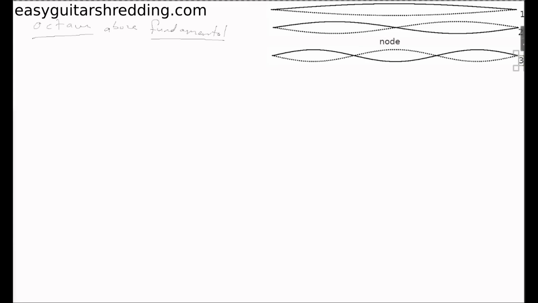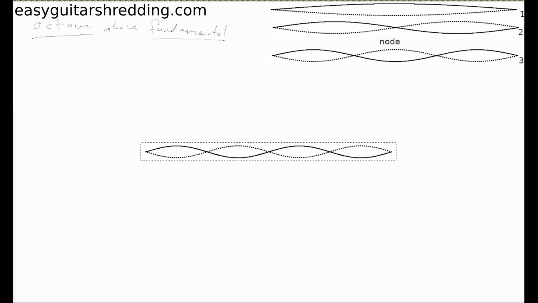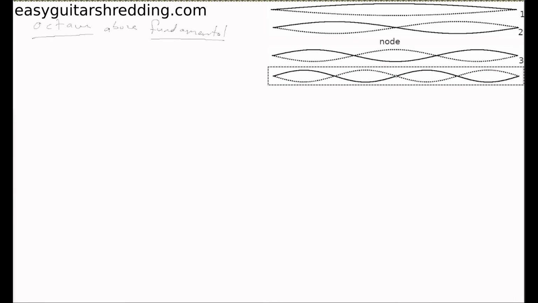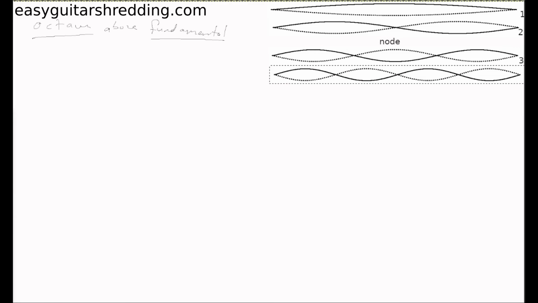The fourth harmonic is a doubling of the second harmonic, and so gives us the next octave. And sounds like this.